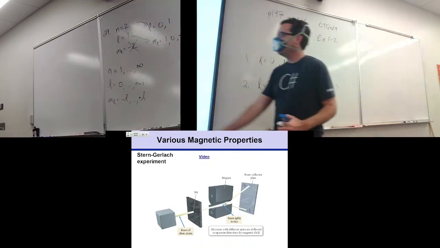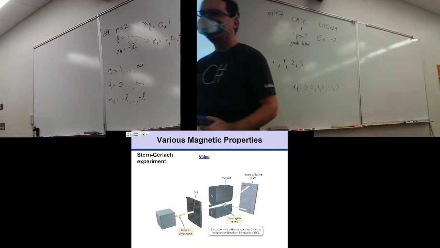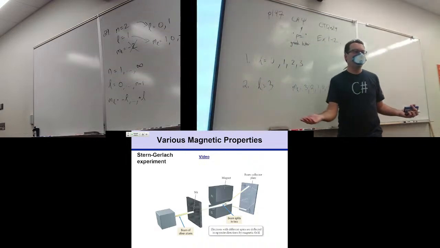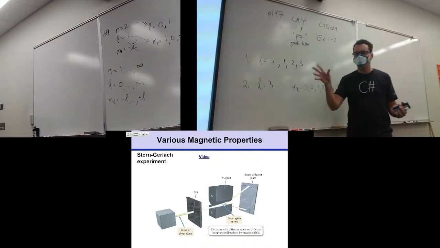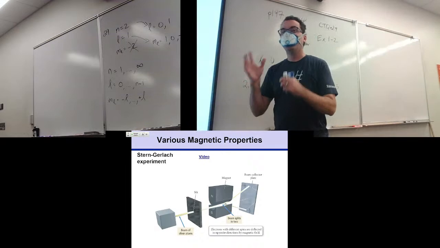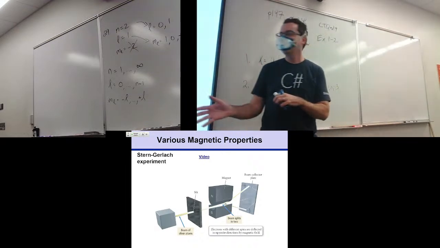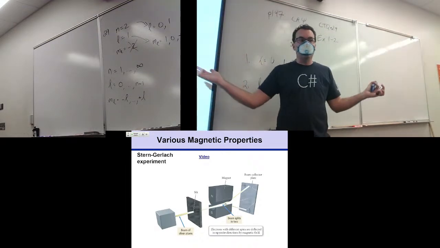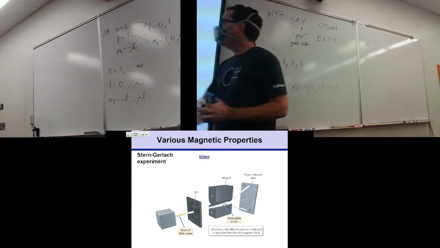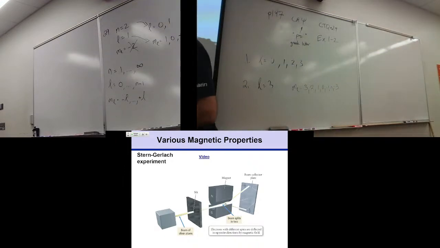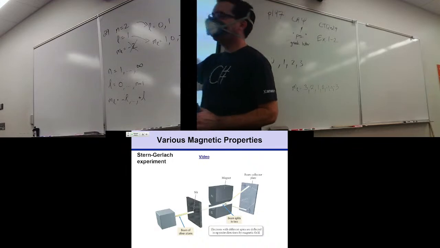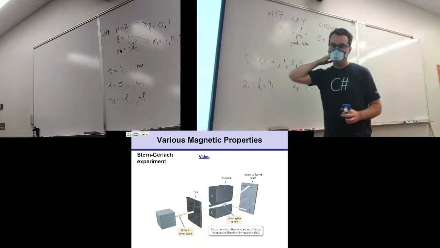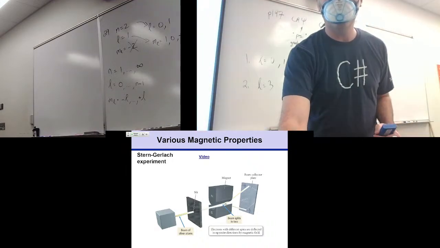You would expect them to go right through and hit the backbone. But it turns out they don't do that. Half of them go up, half of them go down. None in the middle. It's a really weird phenomenon. This is a Stern-Gerlach experiment.